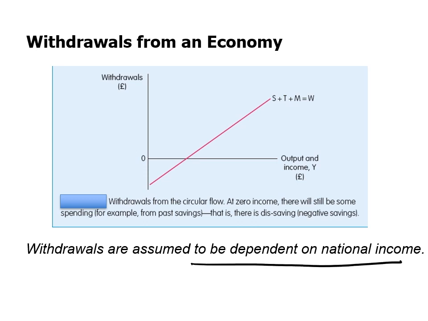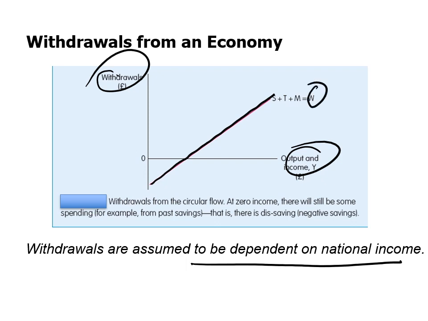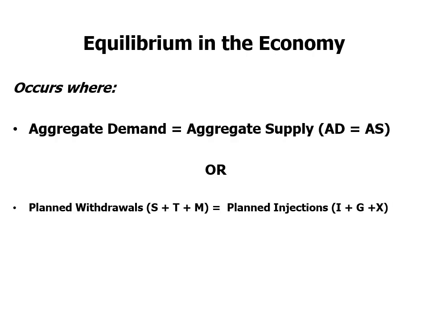And then we have it here. We've drawn this graph showing that. So we have our withdrawals once again on the vertical axis, output on the horizontal axis, and we add our savings, our tax, and our imports. We denote that all by W, and we have that line there that's sloping upward, sort of like your supply curve. Okay, so here we are.